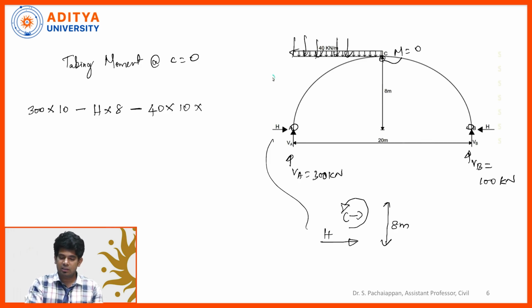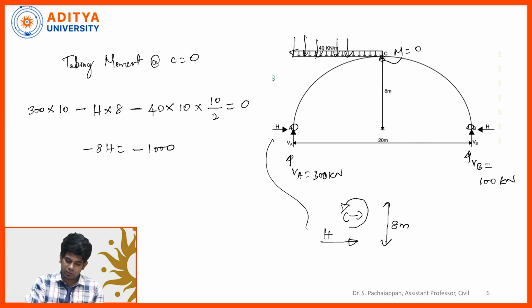Then for the UDL, we need to consider its center, that's why 10 by 2, equal to 0. Simplifying this, I will get 8H equal to minus of 1000. Here the minus gets cancelled, and we have 8H equal to 1000.